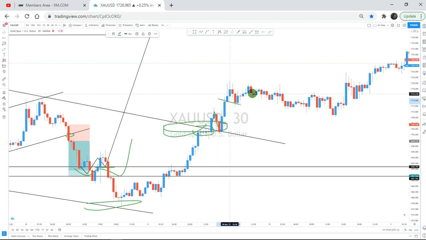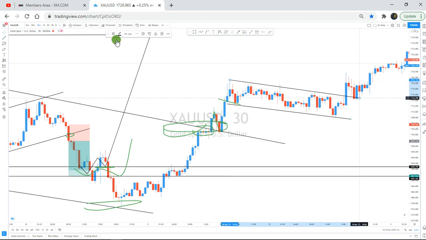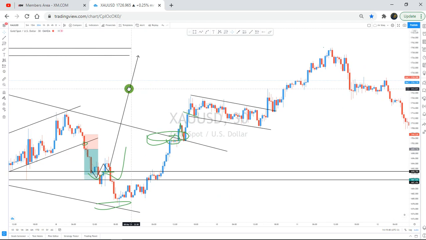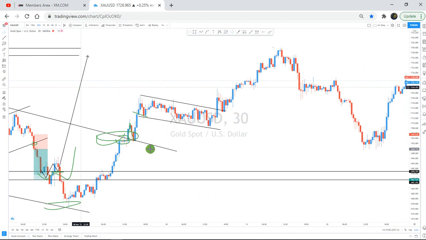Then they started doing this movement here. Once I saw this movement, I started to spot this channel here. Okay, let me zoom it out. I started to spot this channel here. So I said, okay, I'm gonna wait for them to either break on the lower side or on the upper side.